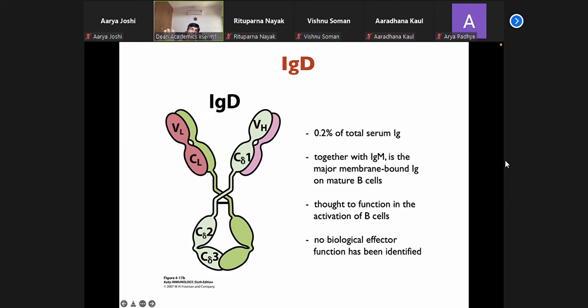IgM can be found in secretions, and it is predominantly the first antibody isotype that you form, because it can bind to multiple antigens. So it is also very good in agglutination and can efficiently activate the complement system.